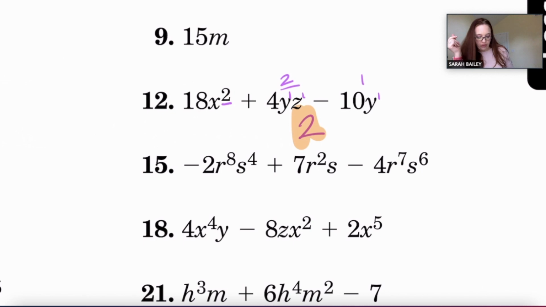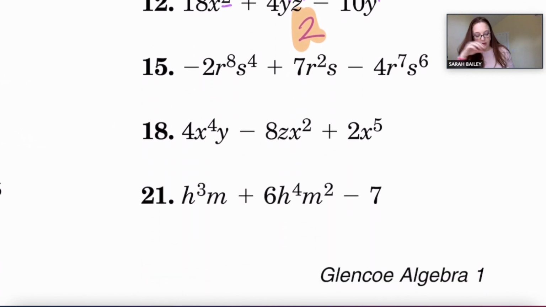So if there's more than one term, you're going to find the degree of each of the terms, and whichever one is the highest is the one you're going to go with. Let's look at number 15, and then I'll let you do some on your own. So for example, number 15, the first term is negative 2r to the 8th power s to the 4th. That's a degree of 12 because 8 plus 4 is 12. The middle term is 7r squared s. Well, remember that's s to the first.